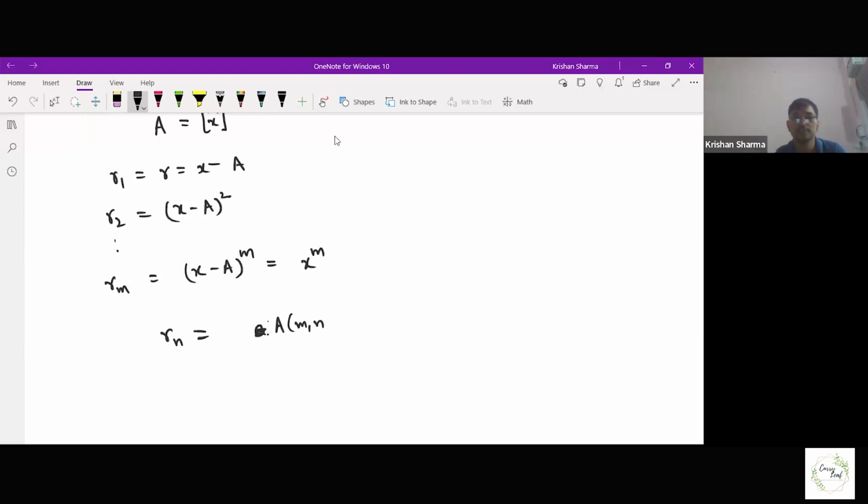So A(m minus 1, n) x raised to power m minus 1, plus A(m minus 2, n) x raised to power m minus 2, and so on, plus A(1, n) x plus A(0, n).